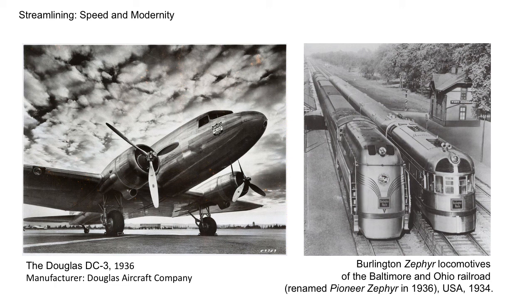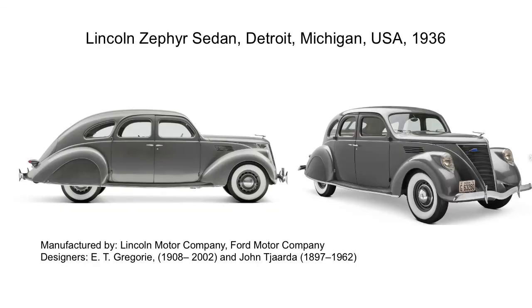A few more examples of how this shift turns up. We see it particularly in the Zephyr locomotives on the right, the Zephyr trains. The way Art Deco styling, these rounded corners, stair-stepped forms, come to style everything that we see. It doesn't stop there.